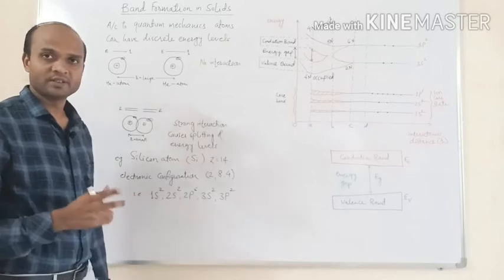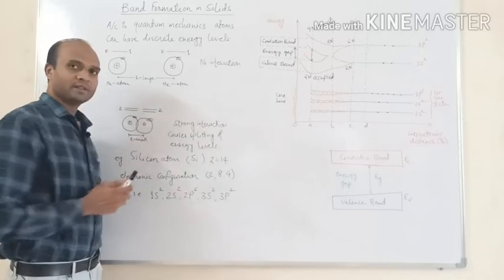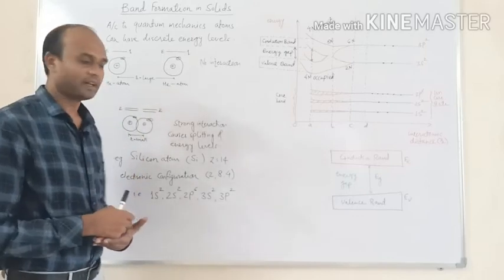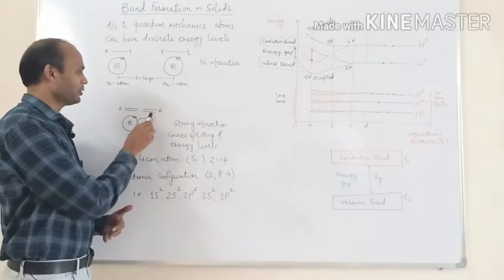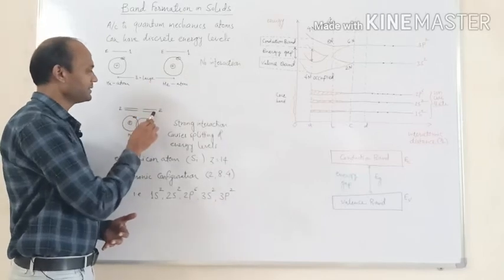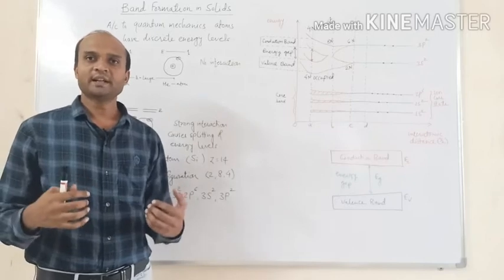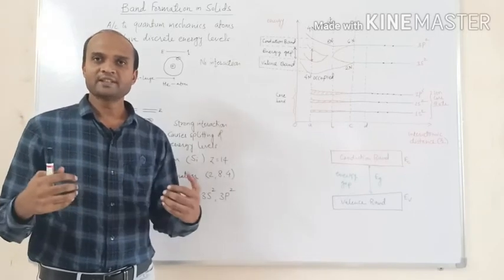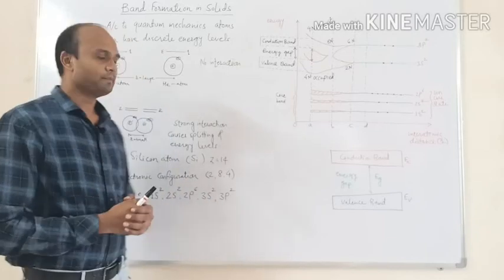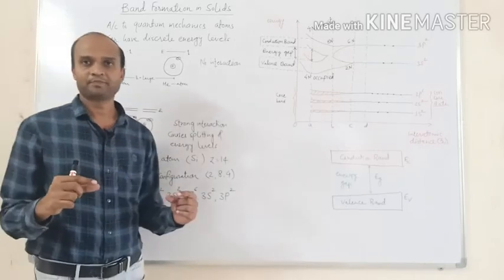Two electrons means one electron will be present at a time, but it may have its own electron or an electron from the neighboring atom, and that's why the second atom also requires two energy states, and the single energy state will be split into two energy states. This is only because of the interaction between the orbits. As distance goes on decreasing, interaction will go on increasing, and because of this interaction, energy levels will be split.